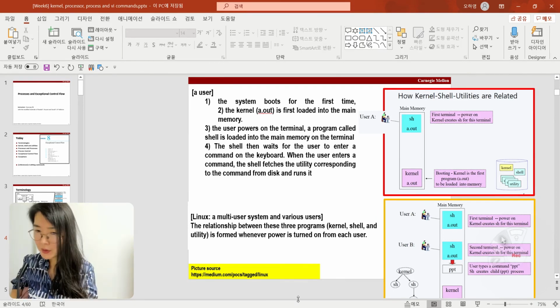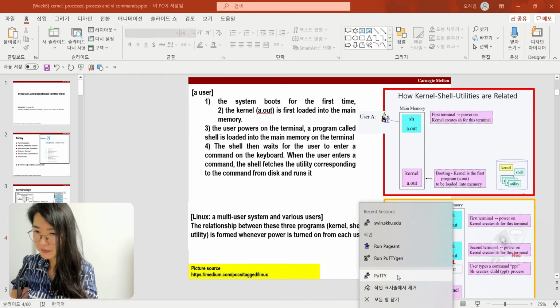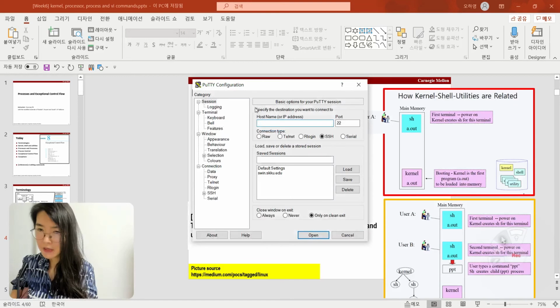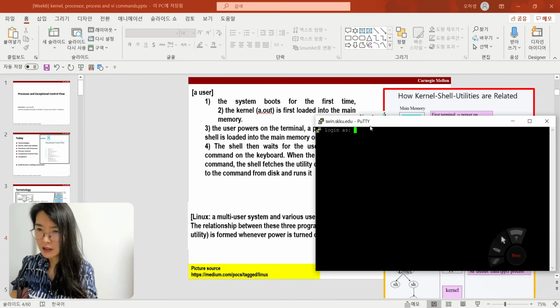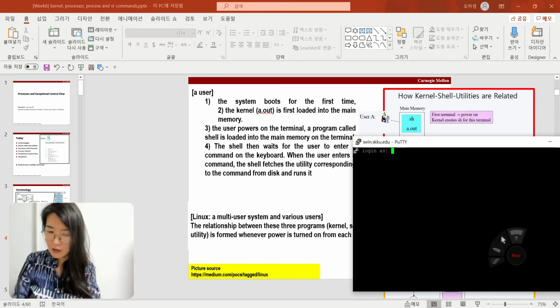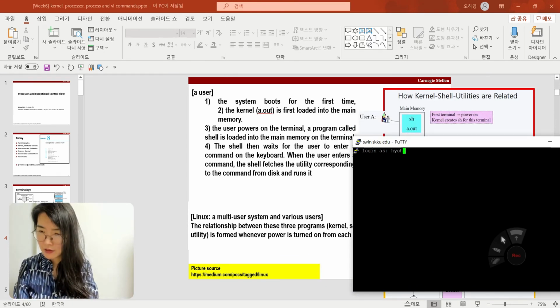For example, if we click the terminal and open the host name with this port, the shell requests the secure ID and password, right?